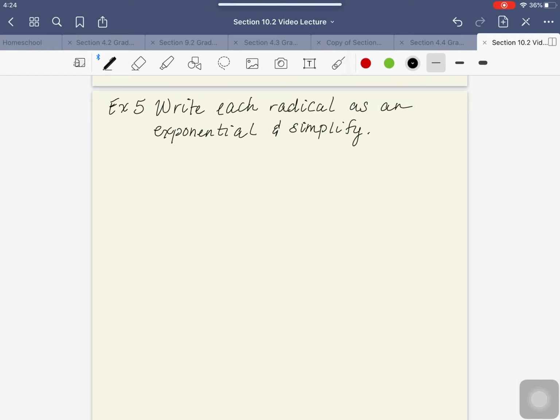All right, example 5, write each radical as an exponential and simplify. So this time we're starting with a radical and we want to write it as an exponential. So of course this would be 10 to the 1/2 power.